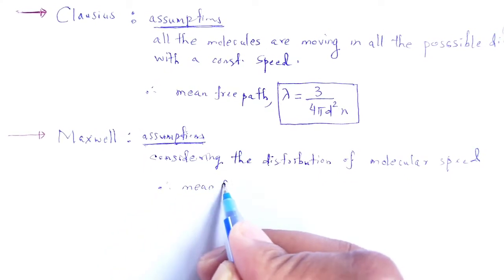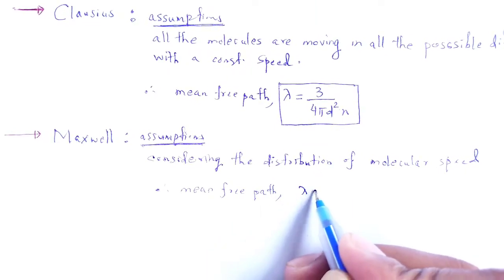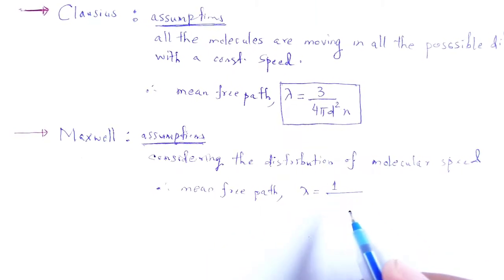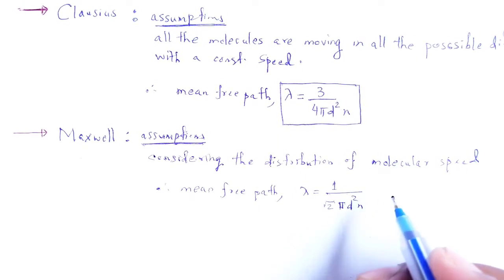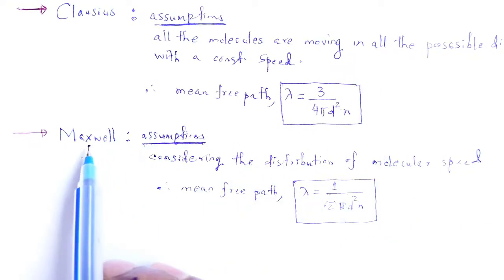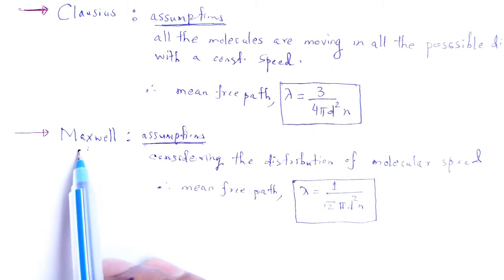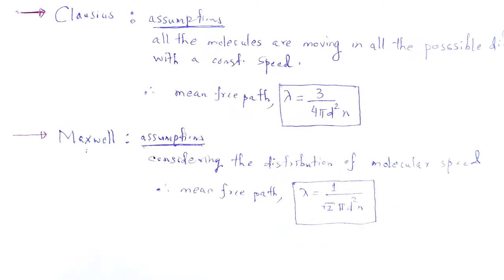Therefore, mean free path lambda is equal to 1 divided by root 2 pi d square n. This is the mathematical expression proposed by Maxwell, root 2 pi d square n.